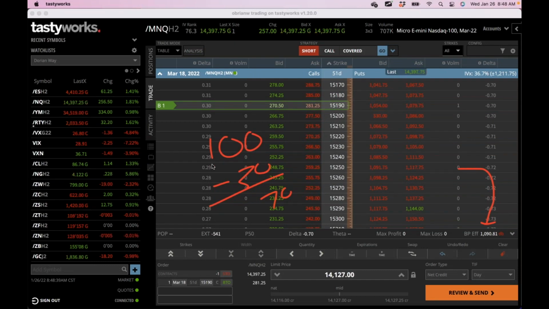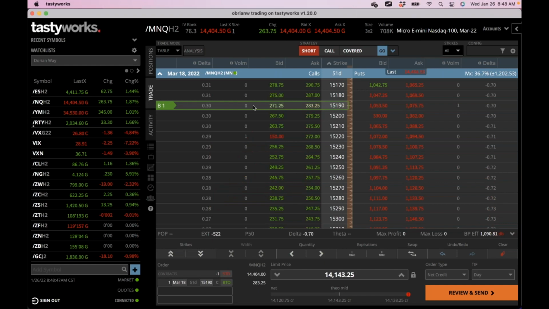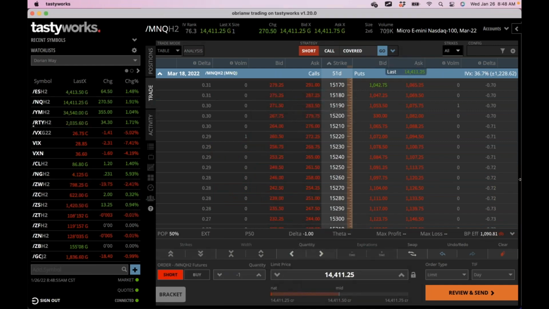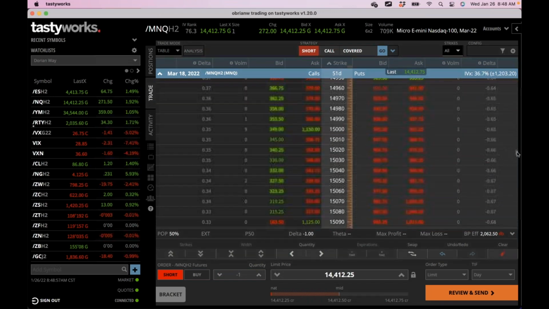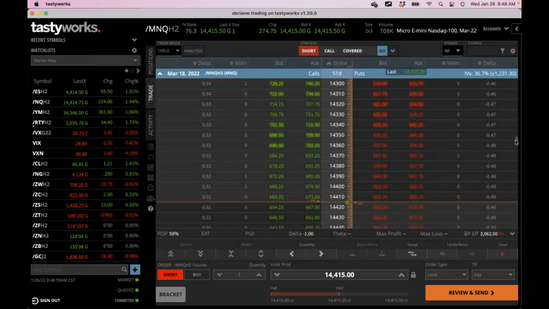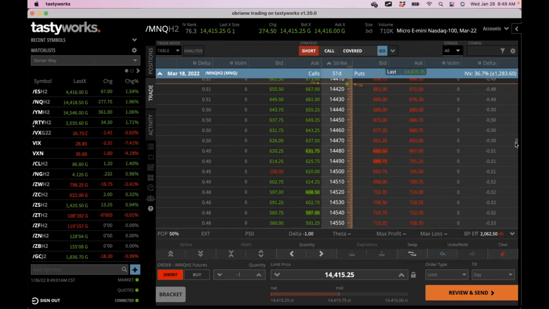Well, you can change this dynamic by buying a bigger delta option. So for example purposes, let's say we decided we were going to buy the 45 delta option. Keep this in mind, this is about $1,000 that it's requiring, almost $1,100 is required. So if we go up here and we decide, okay, well, we're going to buy the 45 delta, right? So we're making basically 55 cents for every dollar move.